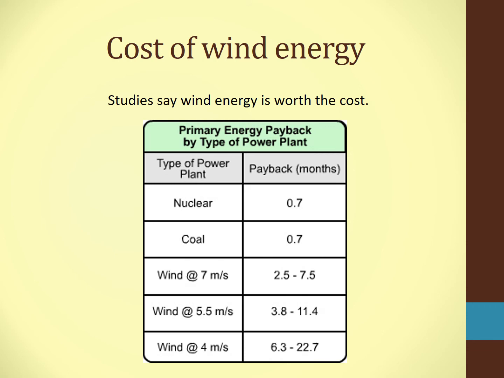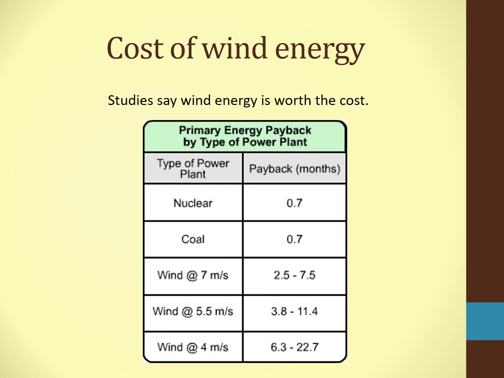If you look here, you can see some of the costs of the wind energy. There's a chart here, and studies say that wind energy is worth the cost. There's been a lot of research that scientists have put into this. In the chart, you can see the primary energy payback by the type of power plant. We have the nuclear power plant that we've discussed.